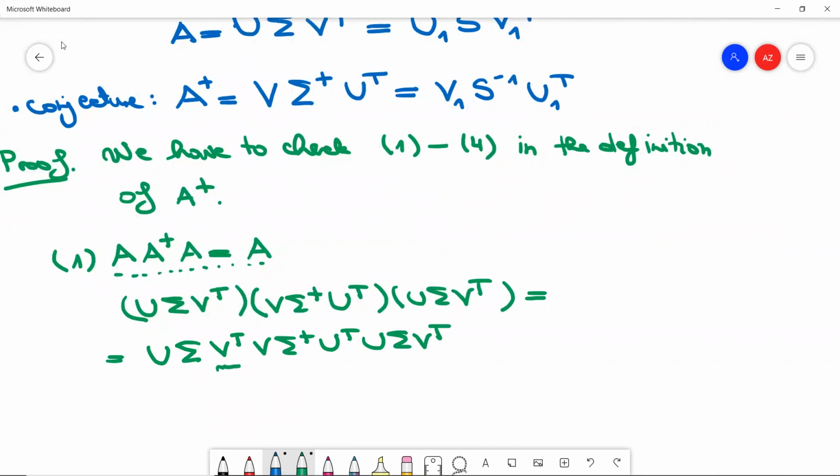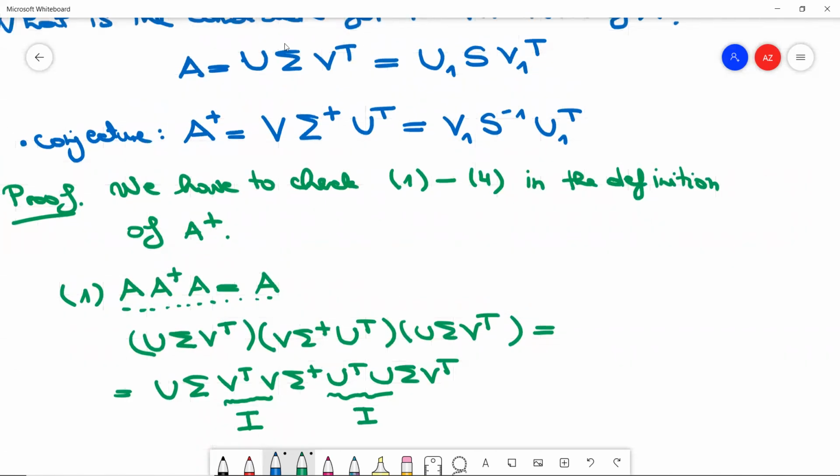And what we notice here, we get V transpose V, so this is identity, and U transpose U, this is identity. You may wonder why I wanted to do those calculations in the long notation.